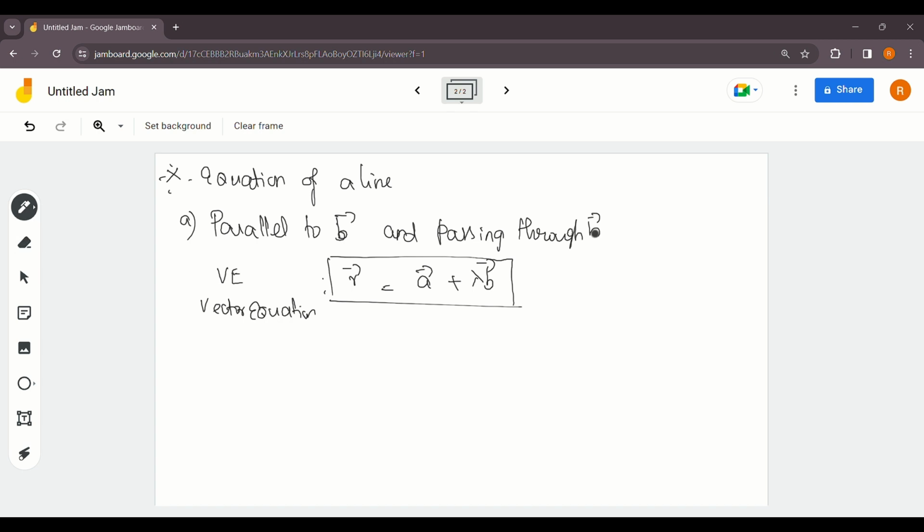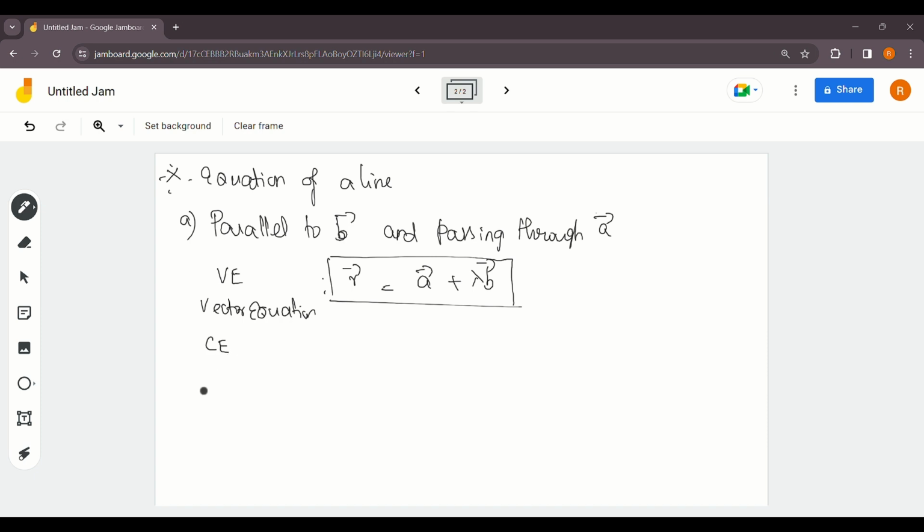Like this it should come. So equation of a line parallel to a B vector and passing through a given vector A. So for this the formula is R equal to A plus lambda B. So this is a vector equation.